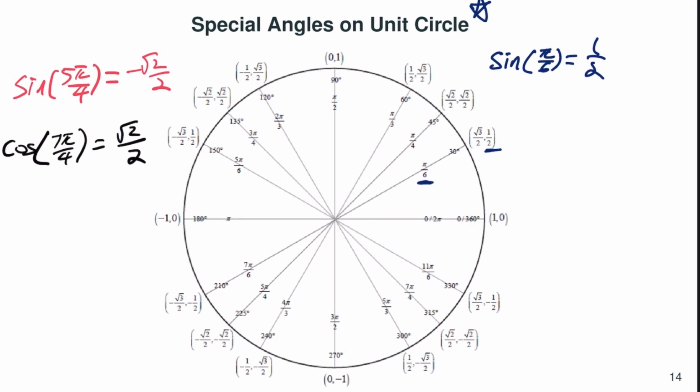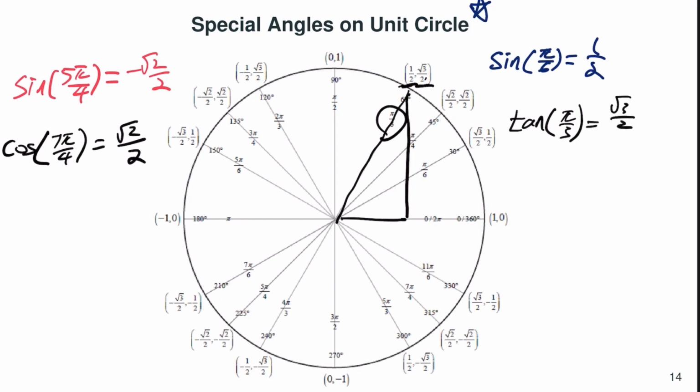Okay, let's look at one more example, then I'll walk you through how you would go about constructing your own unit circle. So let's look at how you would find tangent. Tangent of, let's say, pi over 3. Well, pi over 3 is here. Tangent is the slope. What is this slope? We're going to find rise over run, which is the y value divided by the x value.